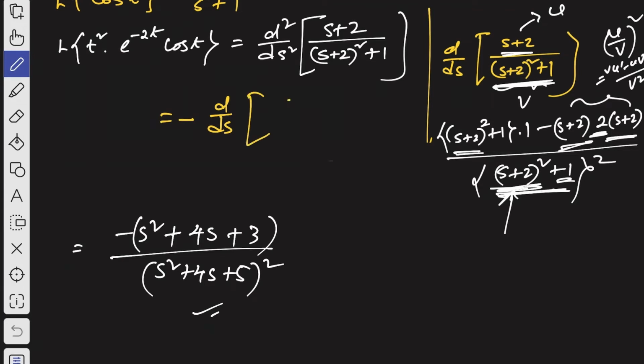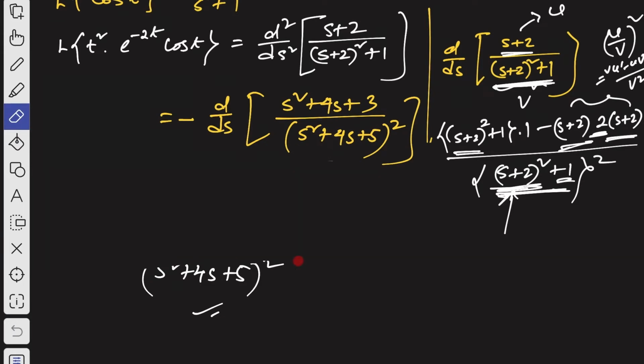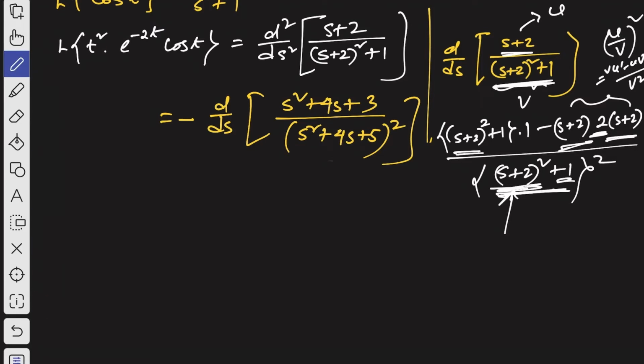Here we need to differentiate now (s square plus 4s plus 3) by (s square plus 4s plus 5) whole square. I hope you have understood the differentiation, you know differentiation very well. Now again we are going to apply the derivative of u by v rule.